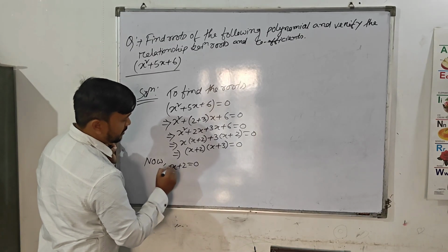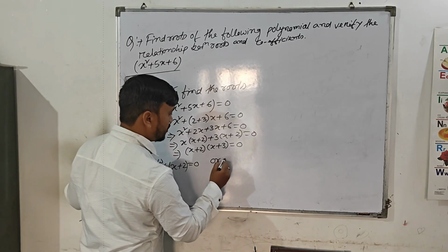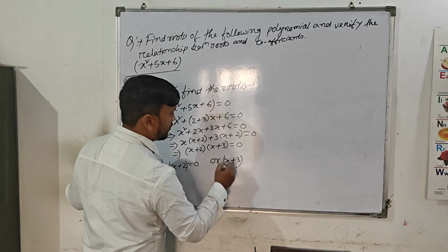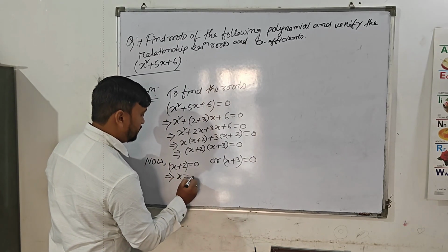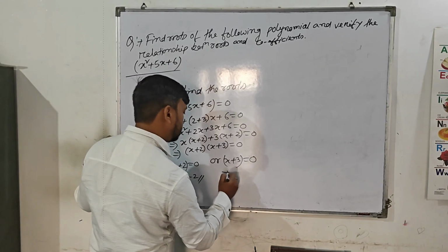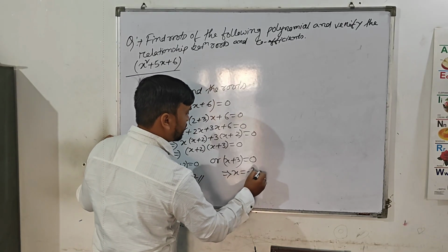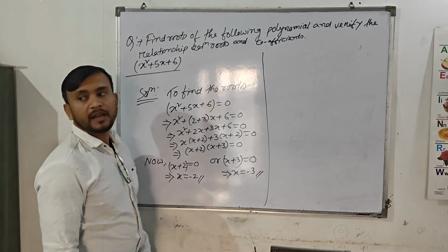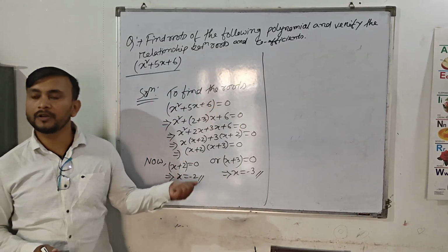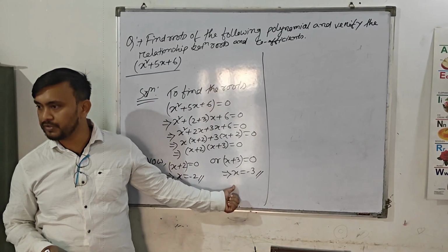So either this one will be 0 or this one will be 0 or maybe both of them will be 0. x will be minus 2, x will be minus 3. Part number 1 done. We have solved the polynomial and got the roots.